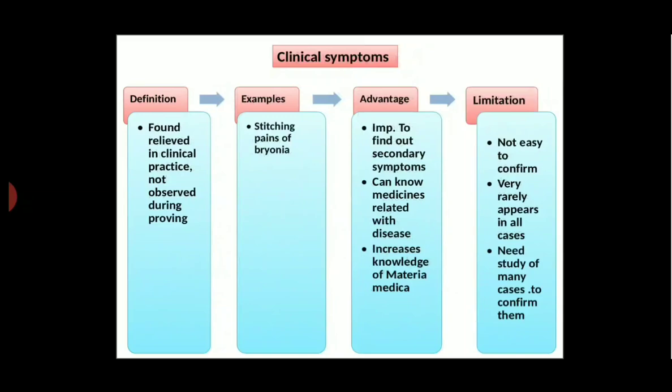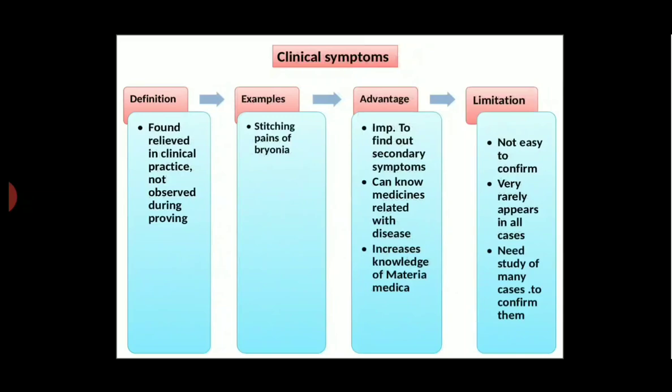Clinical symptoms. In homeopathy, a clinical symptom means those symptoms which are not proved during drug proving, but have been found cured during clinical practice. Example like stitching pain of Bryonia is a clinical symptom.